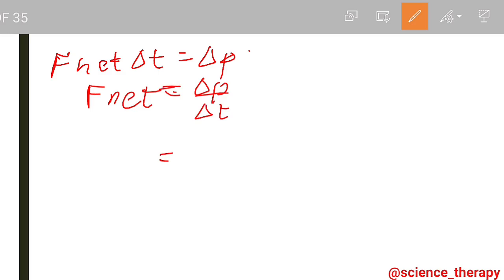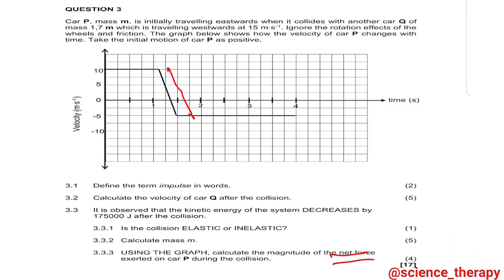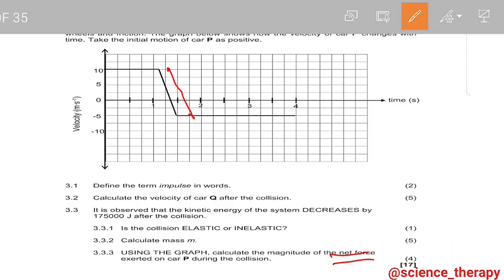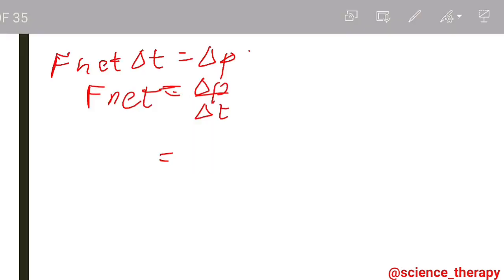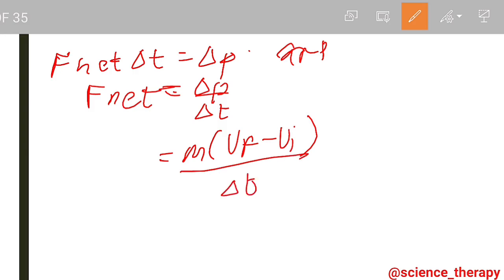Now, if we check it in reference to this object M, right, car P, this is what we're gonna have. So in reference to car P, we have M is equals to VF minus VI, and then change in T. Then the mass, we have calculated the mass M to be 891.54.